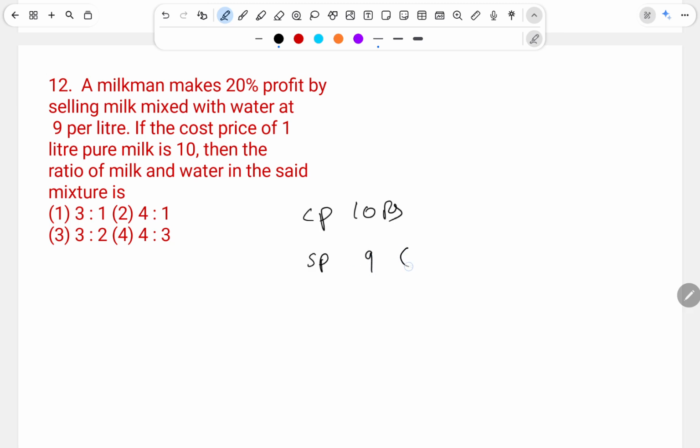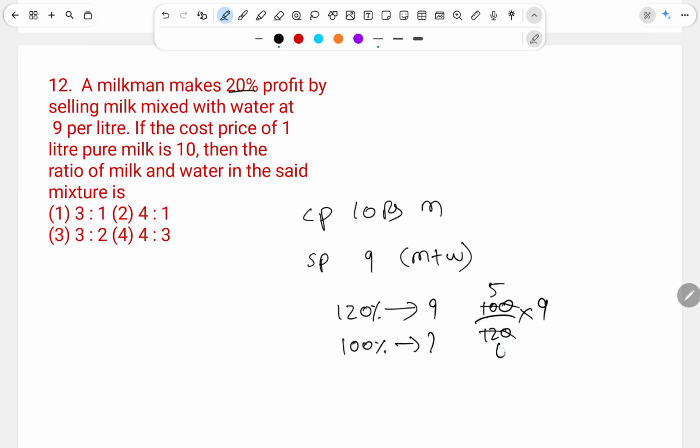But in this milk plus water mixture, and he is getting 20% profit. See, 20% profit means SP is 120%. 120% is 9. Then 100% CP will be how much?